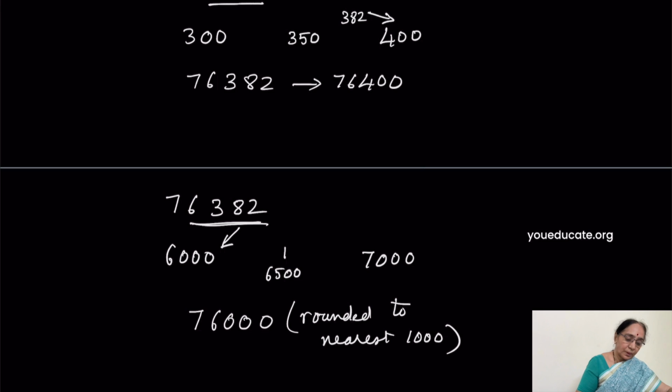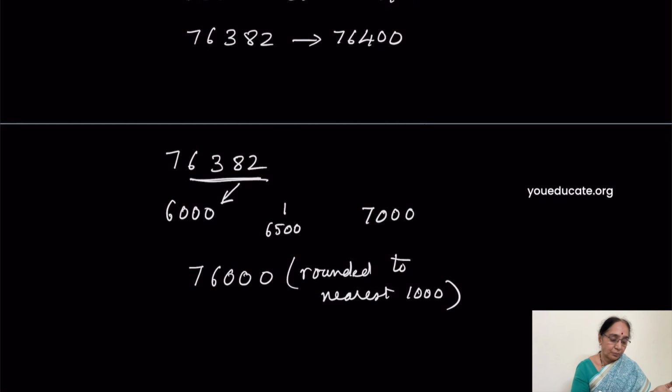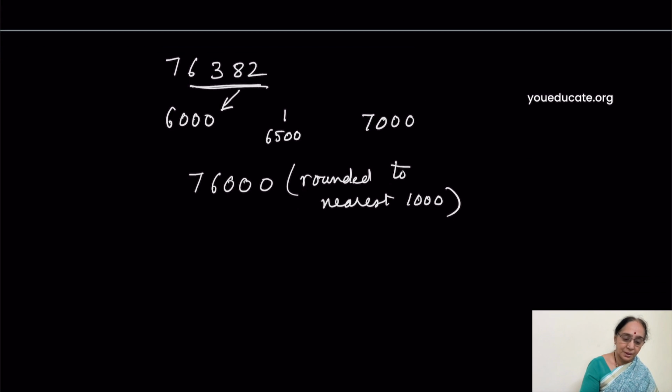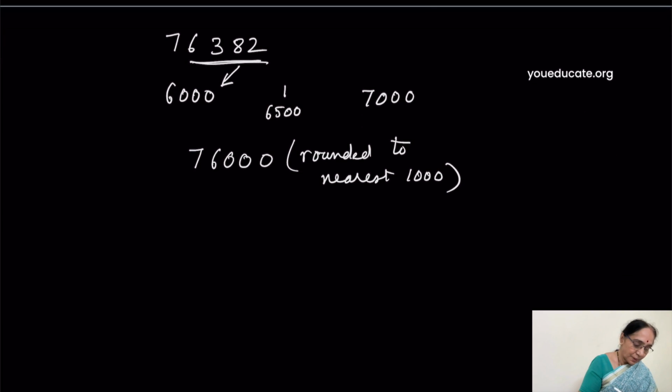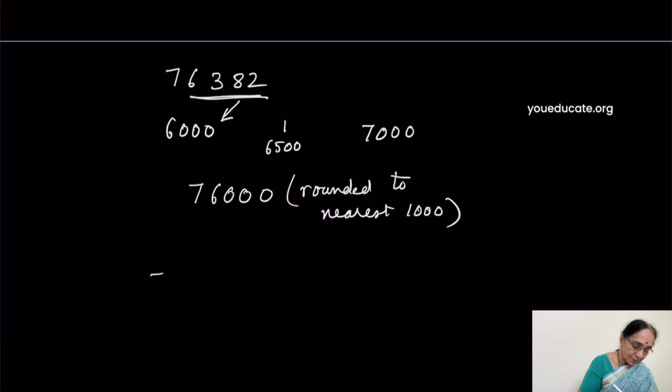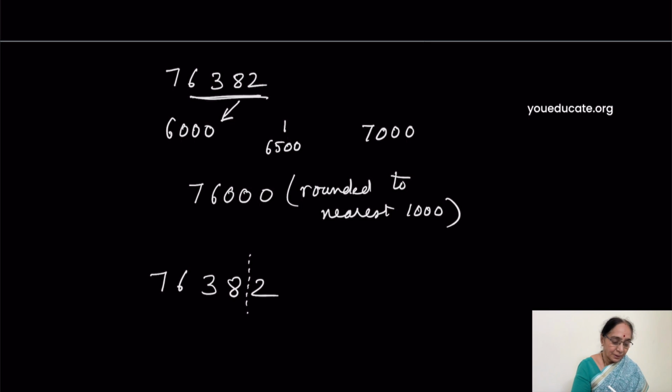Now every time we cannot be looking at 2 tens above and below the number, hundreds below and above the number. There should be some shortcut to do this rounding to the nearest tens or 100. So now take this same number 76,382. If I want to round it to the nearest 10, you just draw an imaginary line between the ones and tens.